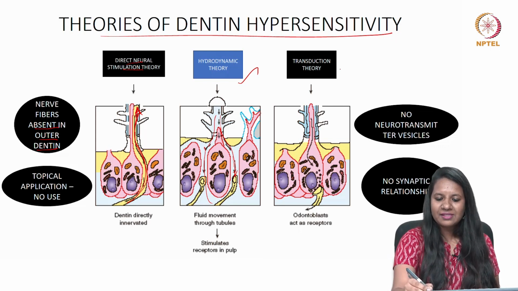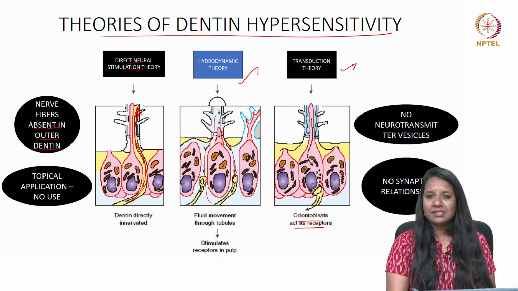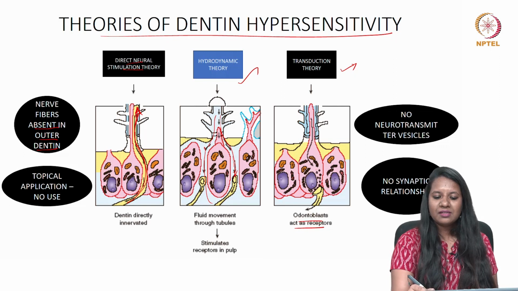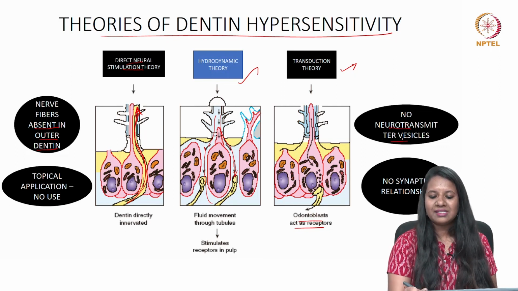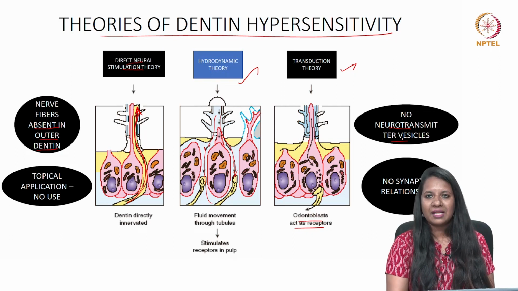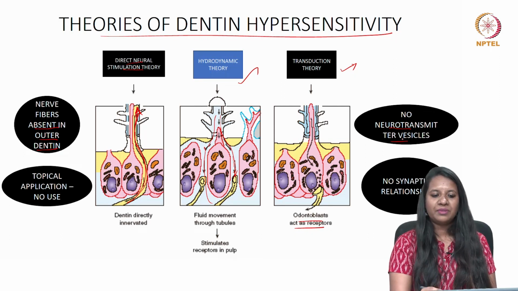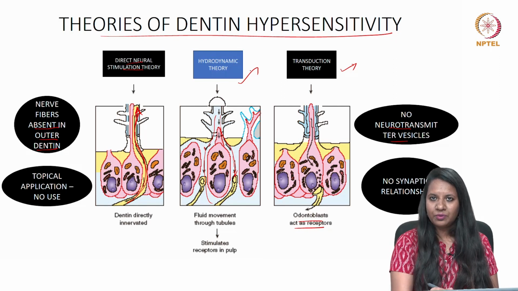Then comes the transduction theory, which states that odontoblast acts as a receptor and it will stimulate the pain. But there are no neurotransmitter vesicles in the odontoblast and there is no synaptic relationship between the odontoblast and the nerve endings to perceive it as pain. So, the only accepted theory is the hydrodynamic theory, which states that the dentinal fluid movement is responsible for the receptor stimulation in the pulp.